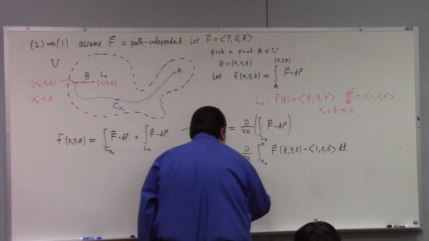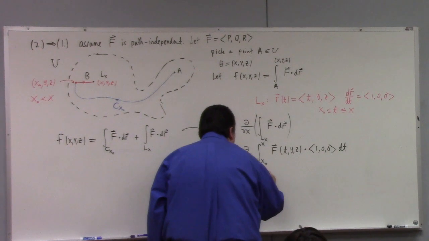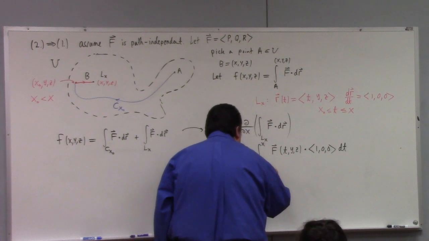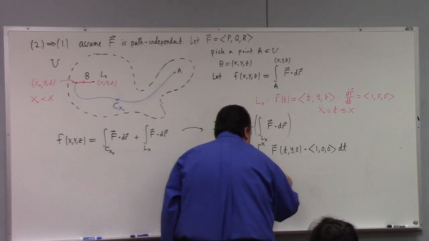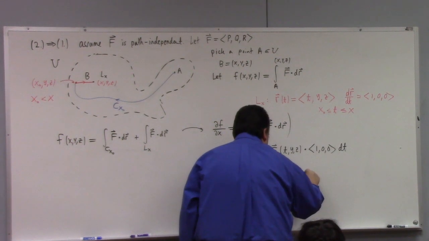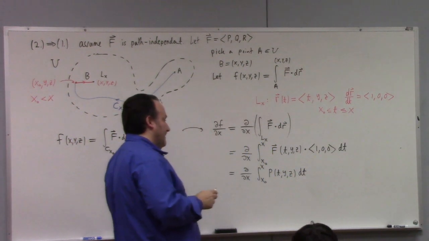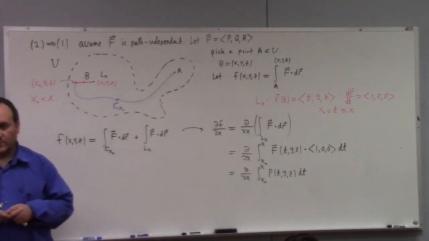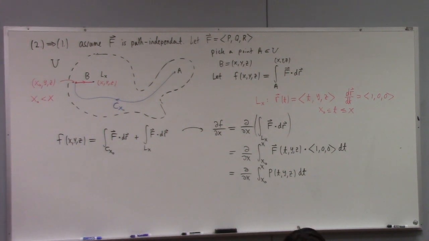What is that though? That's the integral from x naught to x of p of t, y, z dt. Because when we dot product with 1, 0, 0, we only pick up the p component, the x component.